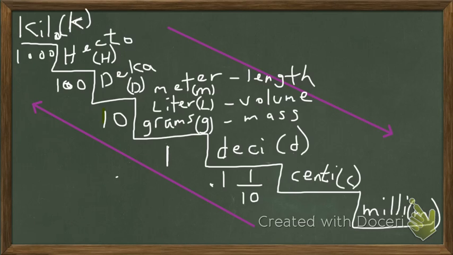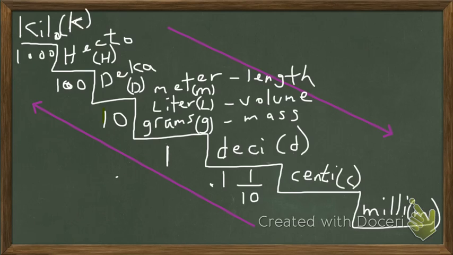Centi. What are those things that cost more than they're worth, and a lot of people don't keep them and put them in a little cup next to the register? Pennies. What's another name for penny?